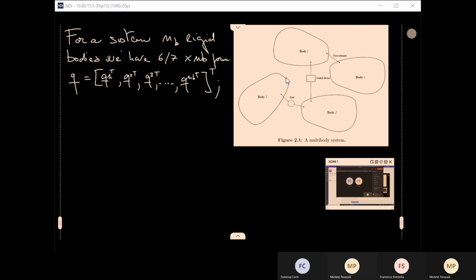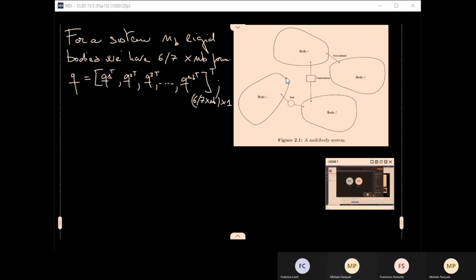And this is a vector of 6 or 7 times NB times 1. Okay, so this is a column vector. All the generalized parameters describing the states of all the bodies, and so eventually the state of the system in its completeness.